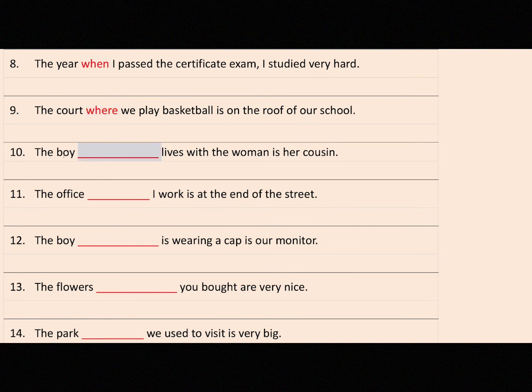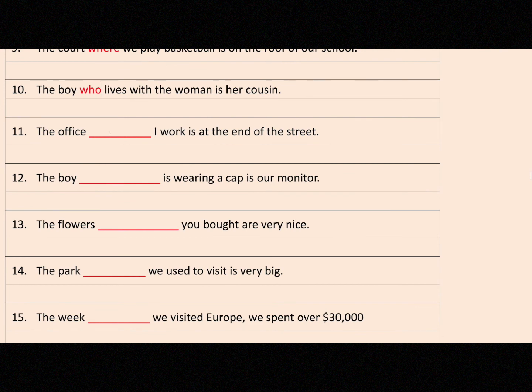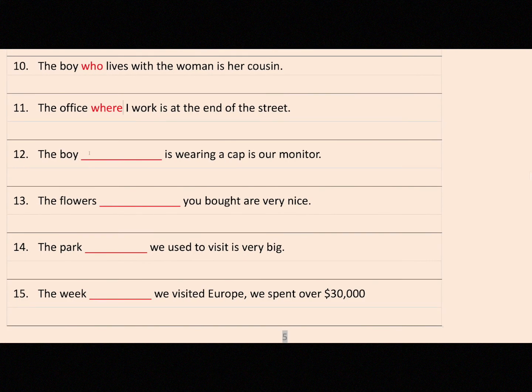Because the boy is a person, the boy who lives with the woman is her cousin. And for number 11, the office. Because the office is a place, I say the office where I work is at the end of the street. For number 12, the boy. Again, the boy is a person, so I say the boy who is wearing a cap is our monitor.